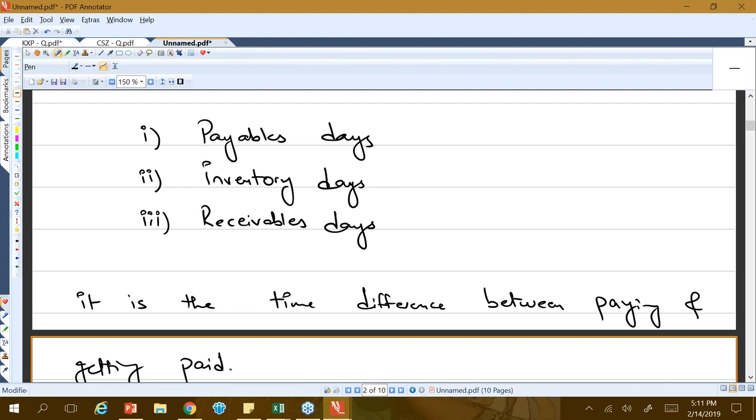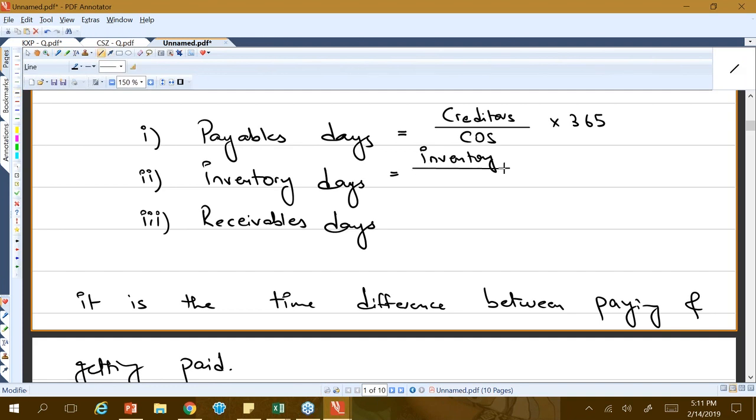Now we need to be able to calculate these things. Payables days: we can say creditors, or the payables, whatever you want to say, over the cost of sales or the purchases. Usually it's the cost of sales times 365, unless the examining team specifies something else. The inventory days, we take inventory over the cost of sales times 365.